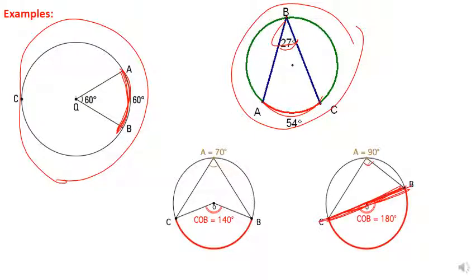So study this very well. Here we have an interior angle. Here this angle is equal half the arc. So the arc is 140, so it's 70. So this angle here is equal to this angle. Why? Because they are facing the same arc. Okay?